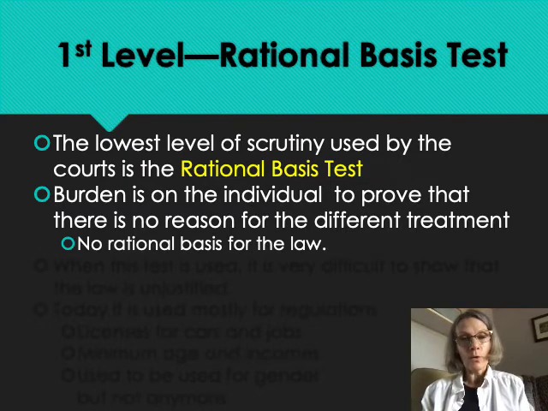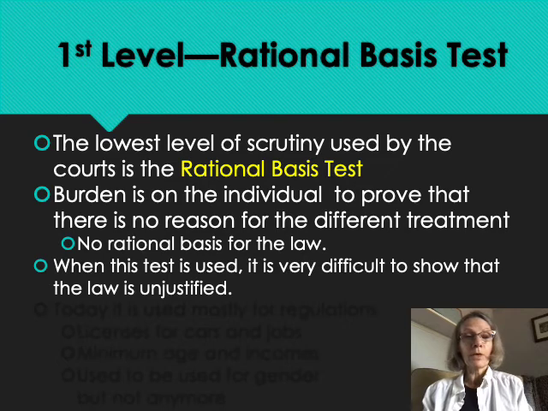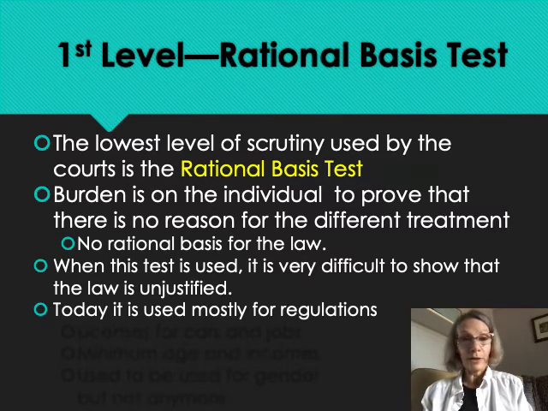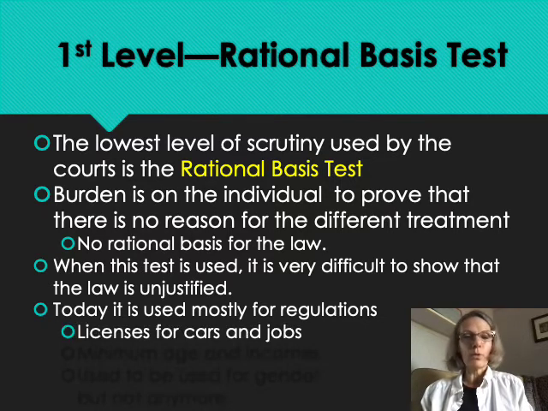When the court uses the rational basis test for scrutinizing different treatment in the law, all the state has to demonstrate is that there's some reason for this different treatment. So it's very difficult to show that the law is unjustified. Anything goes.